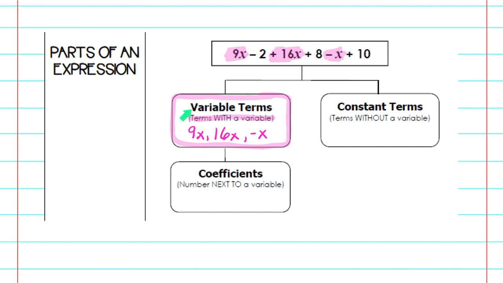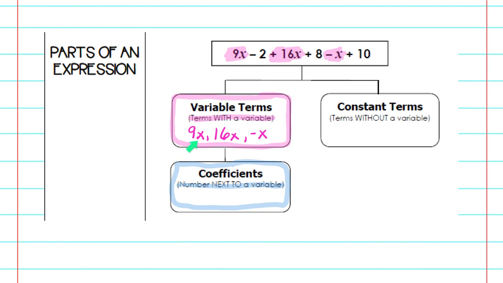So variable terms have a number and then a variable. A smaller category of the variable terms are called coefficients, and the coefficient is the number next to the variable. So the coefficient is going to be the number in front of the variable.